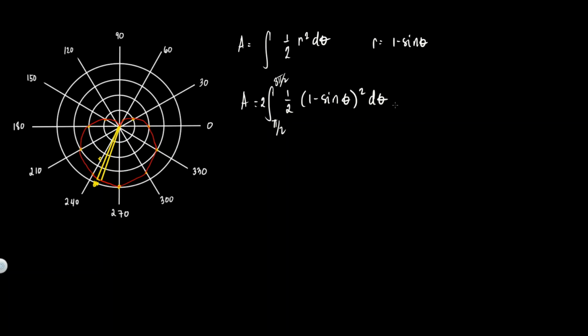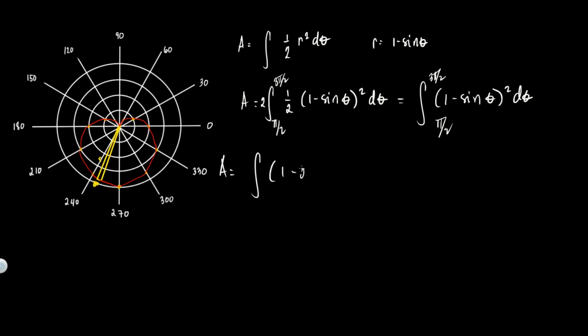Okay? Then the area is equal to the integral of 1 minus sine theta squared d theta, limits from pi over 2 to 3 pi over 2. So the area is equal to, expand, so we have 1 minus 2 sine theta plus sine squared theta d theta, limits pi over 2 to 3 pi over 2.